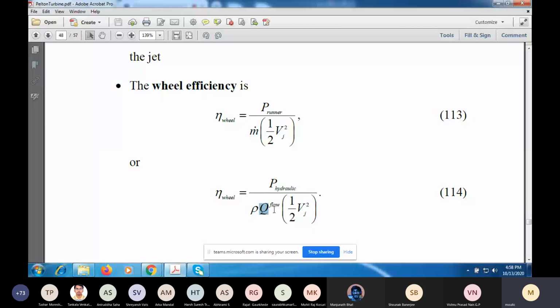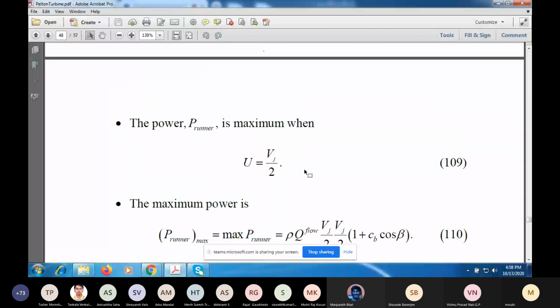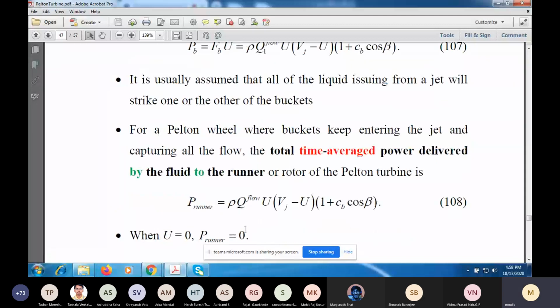Okay. So I have the wheel efficiency. This is the efficiency of energy conversion. You are converting the kinetic energy of the jet to power of the wheel. Okay. So if I take this expression and substitute over here, the rho Q will cancel out, and the half will go as 2 in the numerator, and you will have this u into Vj minus u divided by Vj square, and this factor will remain as it is.